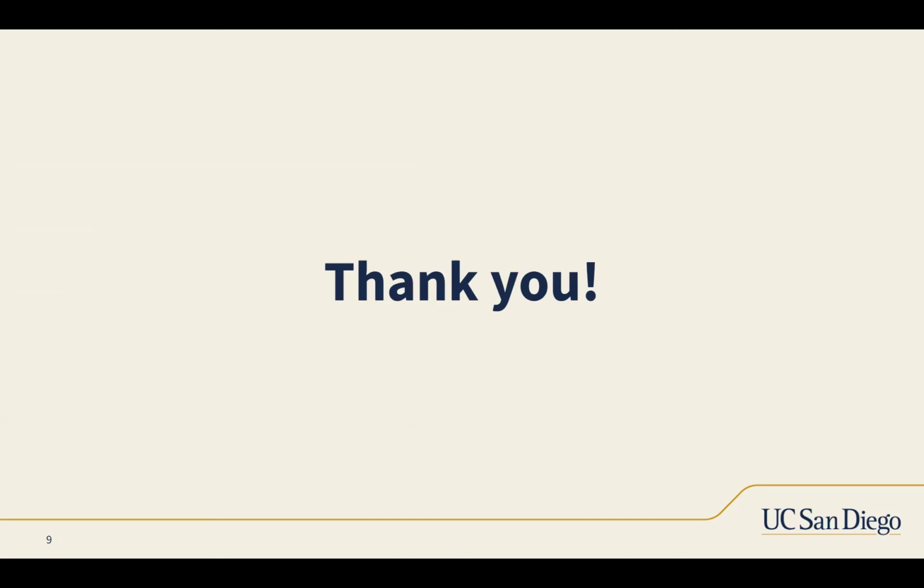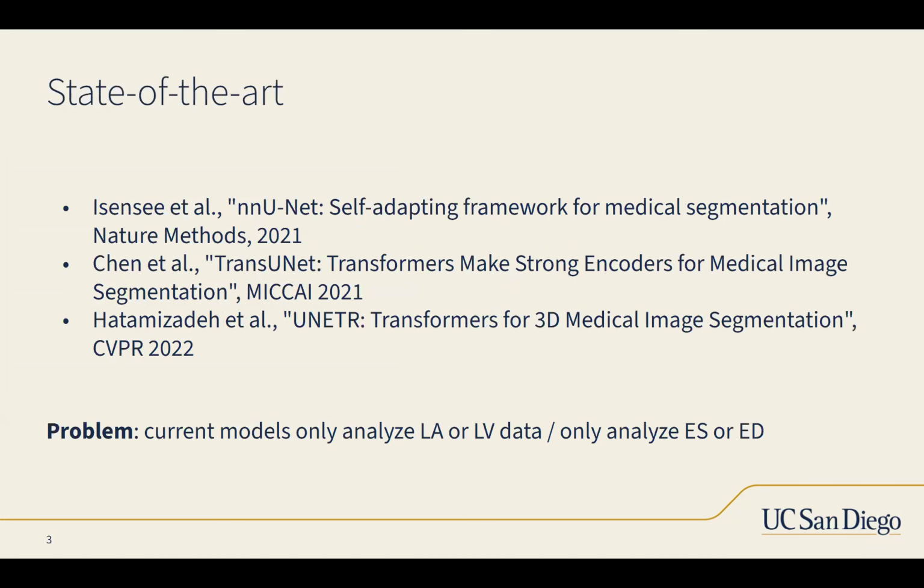Okay. And so just so I get it right, the thing you guys are doing differently than what has been done before is that before, networks were trained on either end diastolic images and that's it, and then they were trained on end systolic images and that's it. And you guys are saying we're going to throw it all in the same network, end diastolic and end systolic.